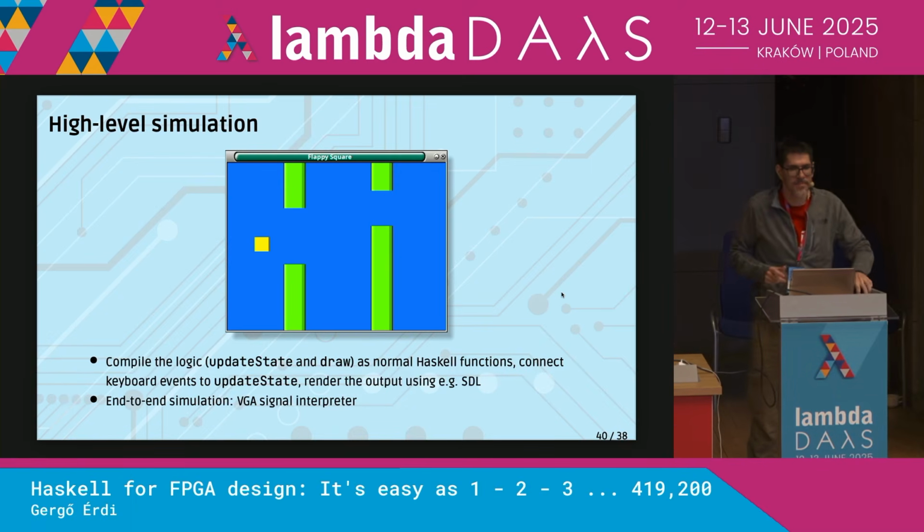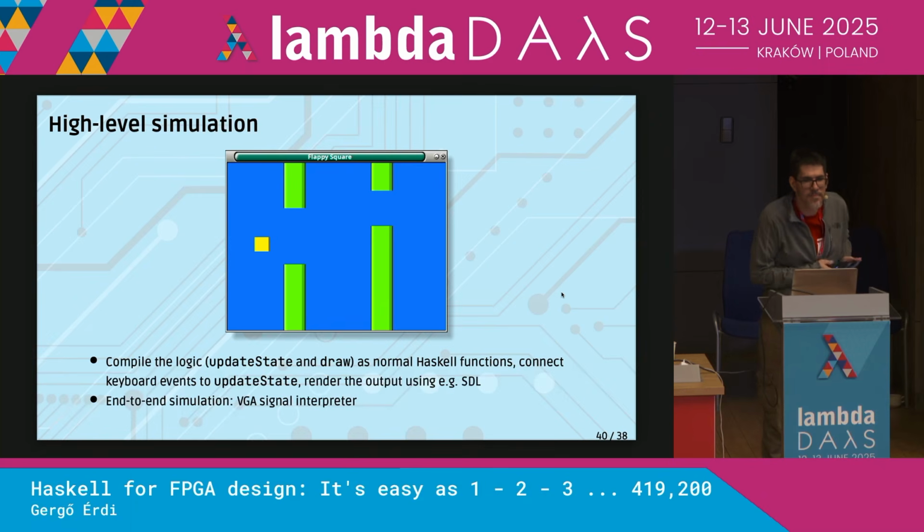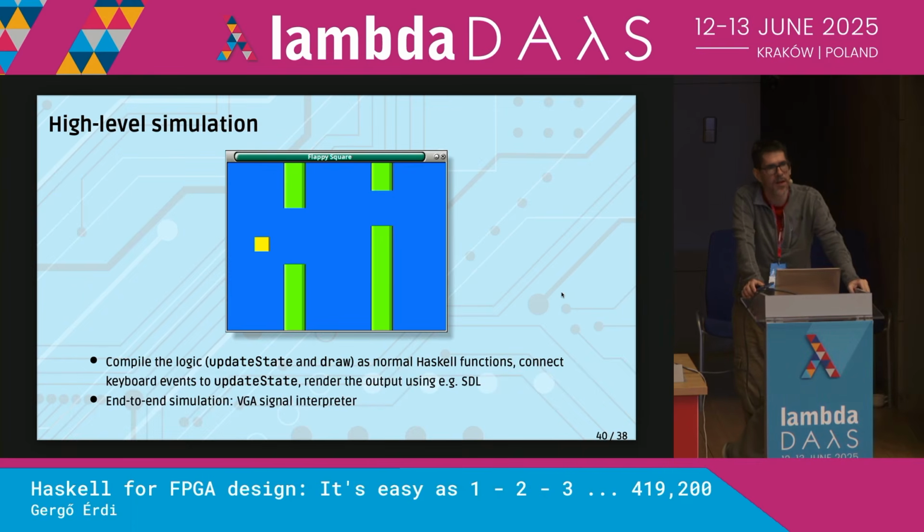Right, so quick question, because you're essentially building an FRP network of the hardware. Have you looked at adding the ability to do time travel debugging, to be able to debug not just the game logic, but the hardware portions? So, okay, I guess there are two ways of doing that.